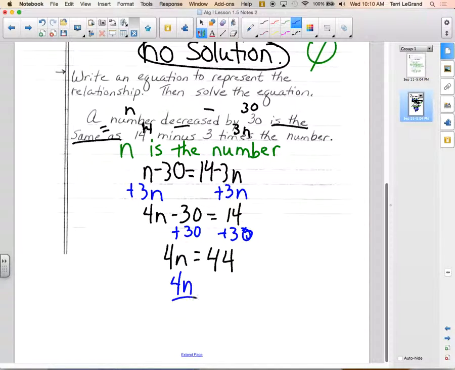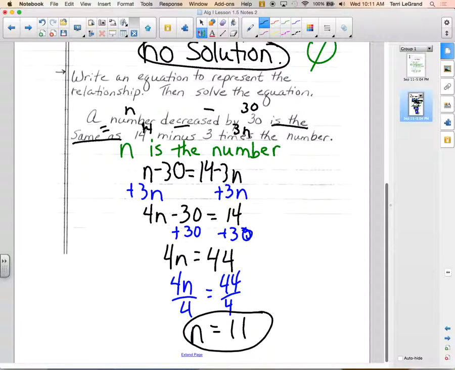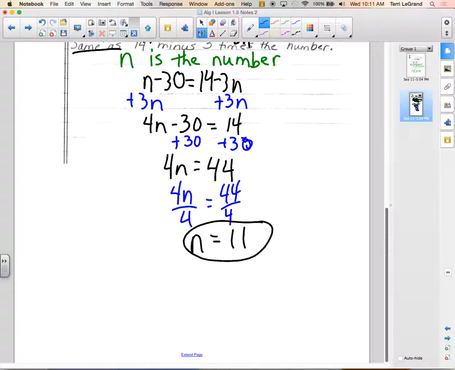Oh, I love when they work out so nice. Yeah, right. Whoopsie. Again. All kinds of crazy errors here. What's n equal? 11. Did it equal 11 in the homework? I hope so. I hope we got the same answer. Well, I can't remember.